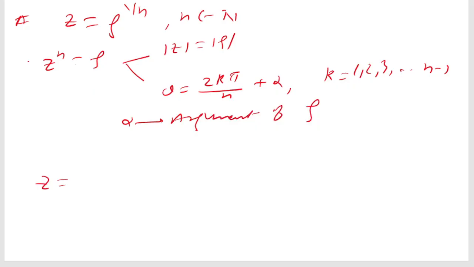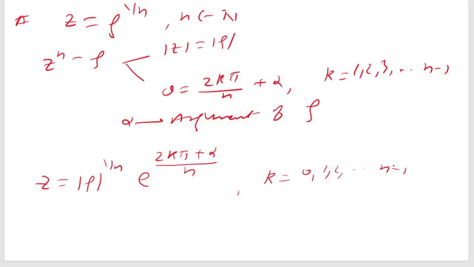Our known was z, no? So here we have to find the nth root of the complex number rho. So rho is known, but z is unknown. So what is z now? We can find z has this value, rho to the power 1 by n, e to the power i (2k pi plus alpha) by n, where k values are 0, 1, 2 up to n minus 1.